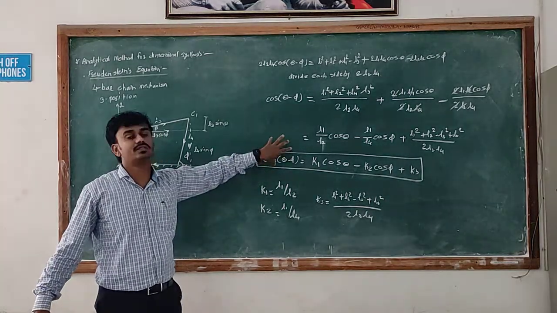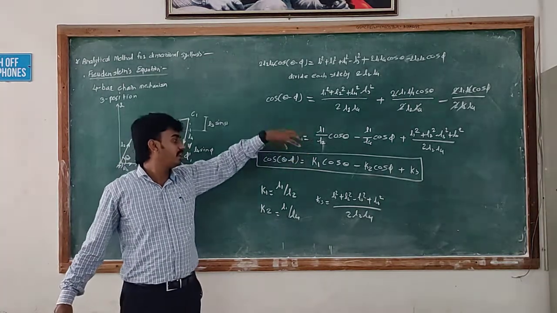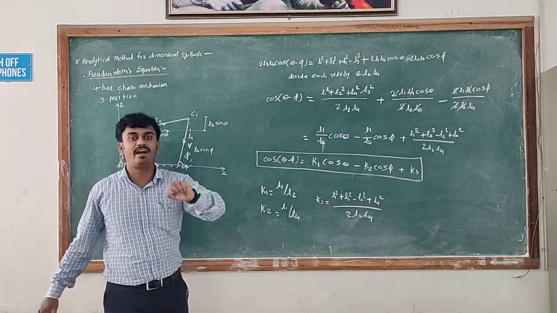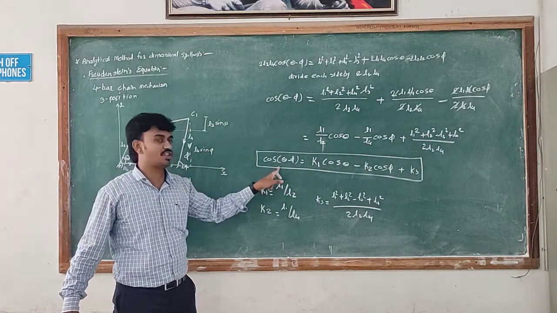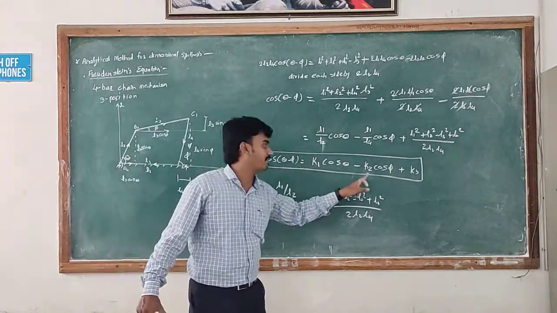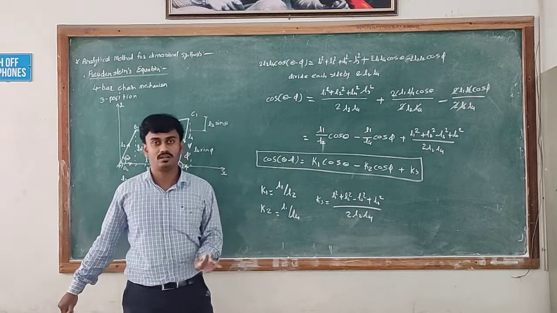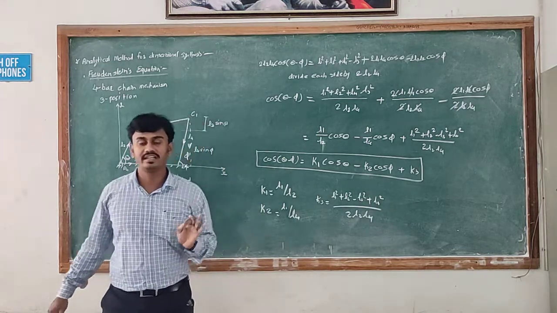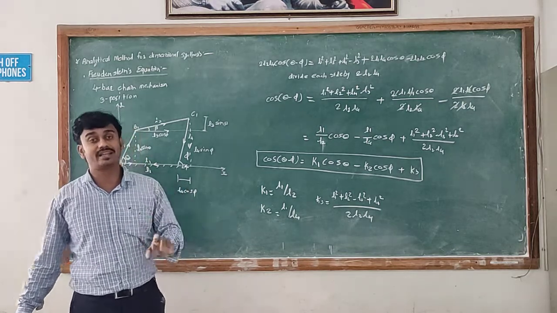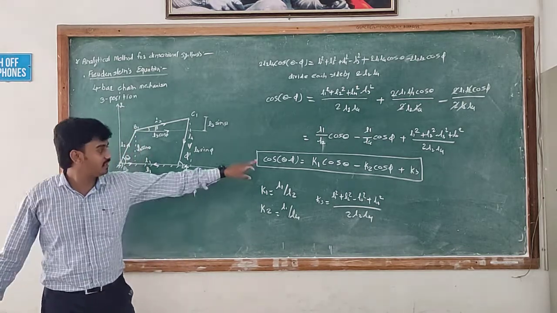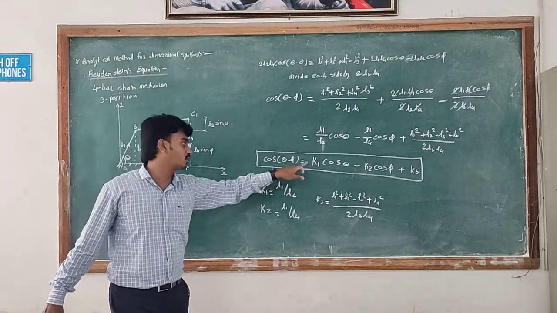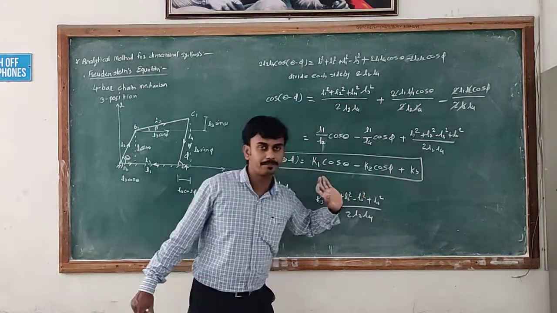If we put these in this equation, we will get 3 equations in terms of K1, K2, K3.